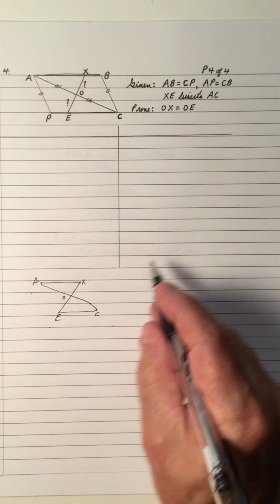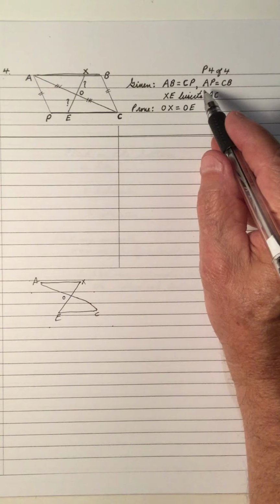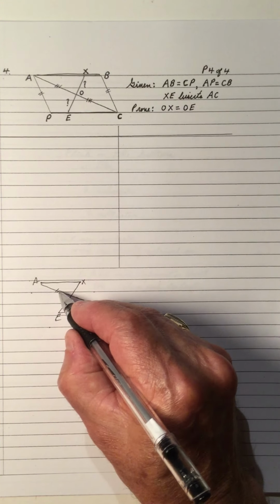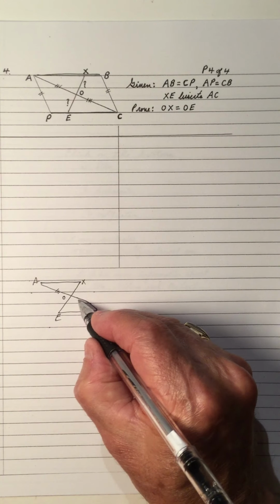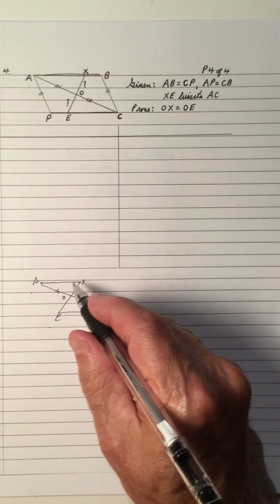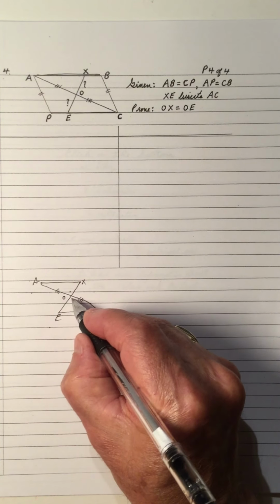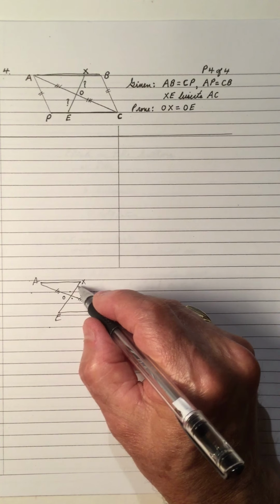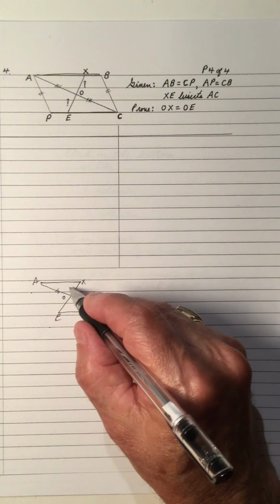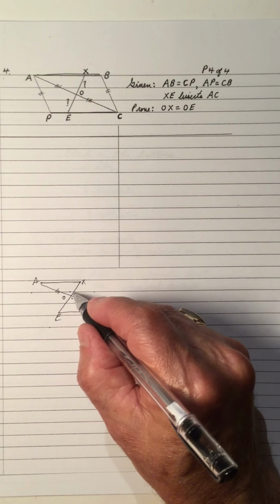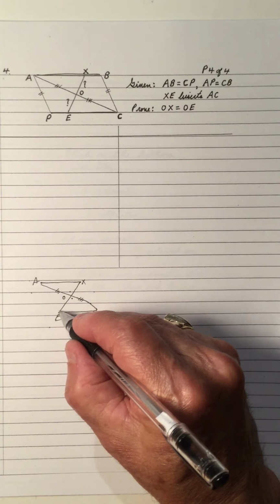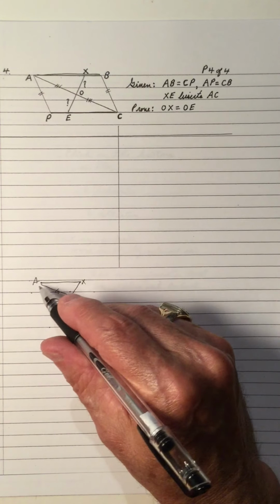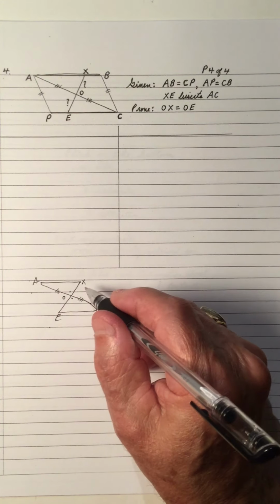Because of the bisector, I have this OA equals OC. Because of the bisector, I also have this angle equals this one, but I don't have any. The only way I can prove these triangles congruent, I have to get OX equals OE, so I can't use this right now. That would be an SAS. So I need another angle, but I can't get an angle.